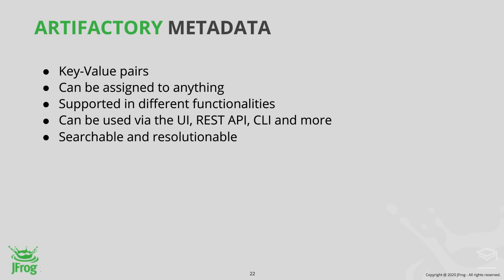And you can use it for different use cases. For example, when you search for artifacts, or when you have some automatic cleanups, or when you want to release your software, these metadata pieces can become very valuable, and you can use them by using the UI or the REST API or the CLI and even more.